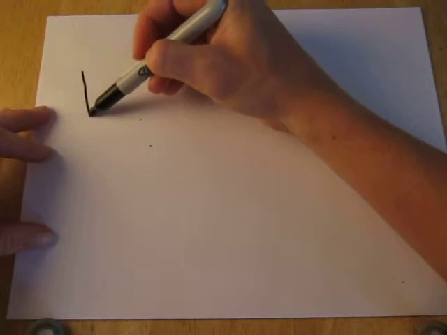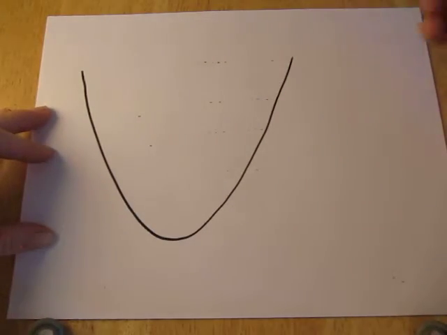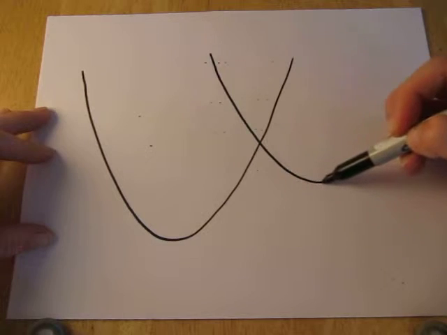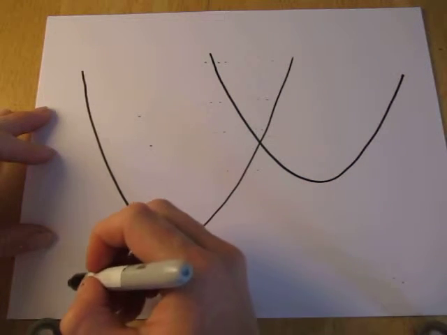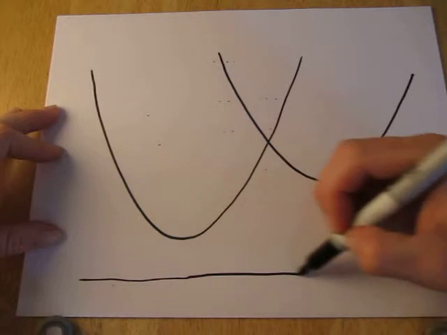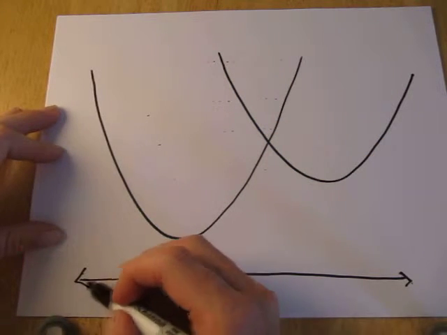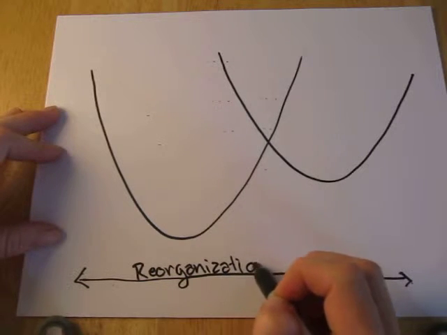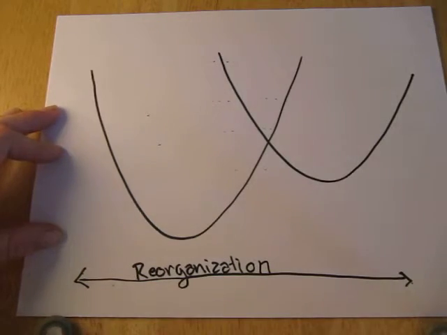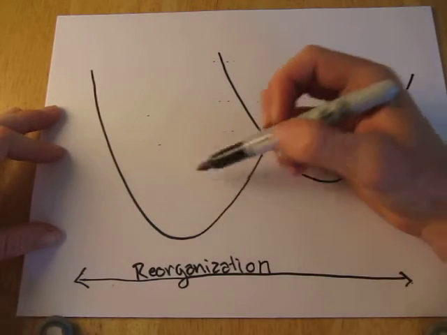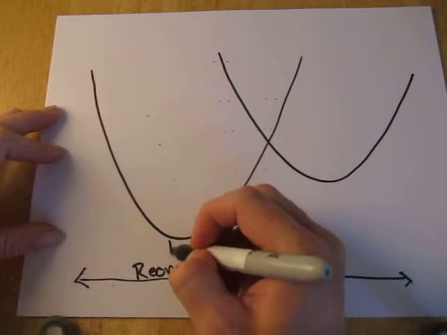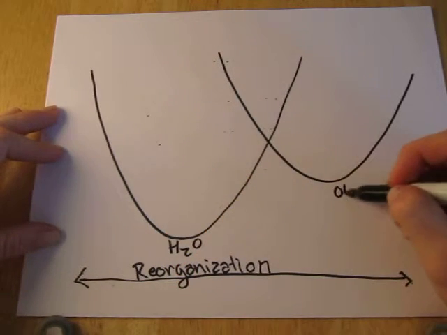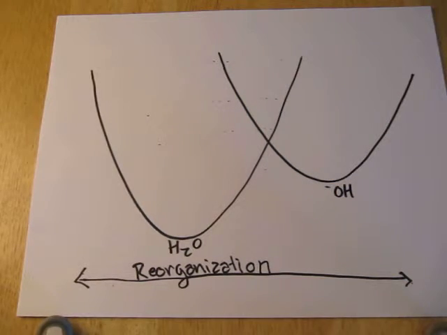So every molecule exists in an energy well, and things that look similar exist close to each other in reorganizational space. So that's what this axis is down here. It's this reorganization, this change. And if we go up and imagine that this is our H2O, and this is something that looks like H2O, OH minus.